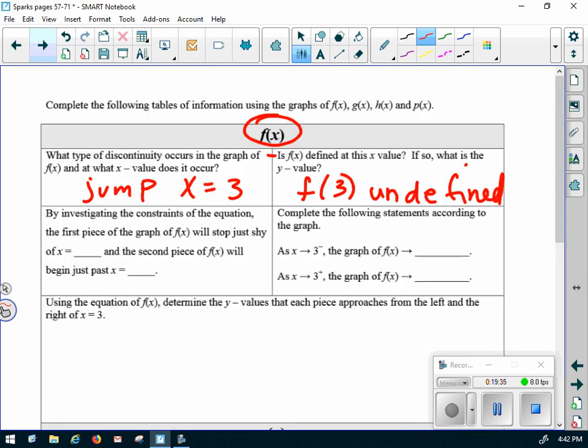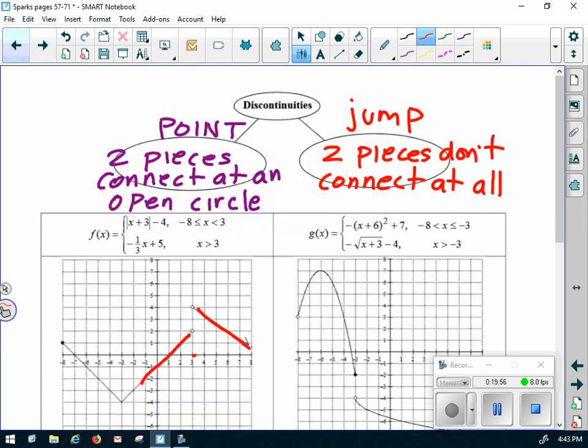So, now let's look at this last piece. Complete the following statement according to the graph. As x approaches 3 from the left, which means from numbers smaller than 3.